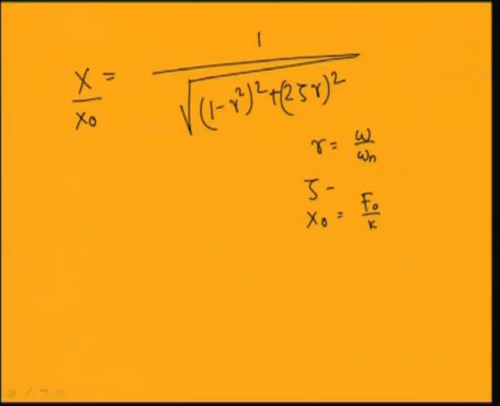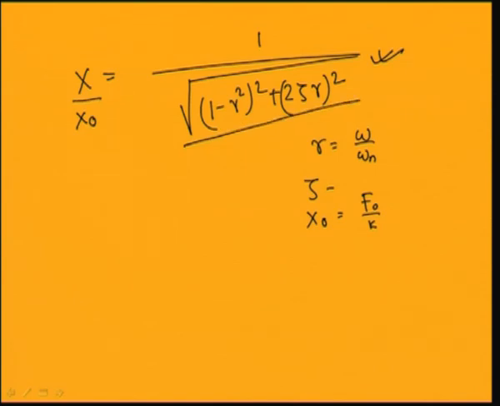So X by X0 will be equal to 1 by root over (1 minus r square) whole square plus (2 zeta r) whole square. To find the maximum value you can differentiate this, or you can note that it will be maximum when the denominator part is minimum.